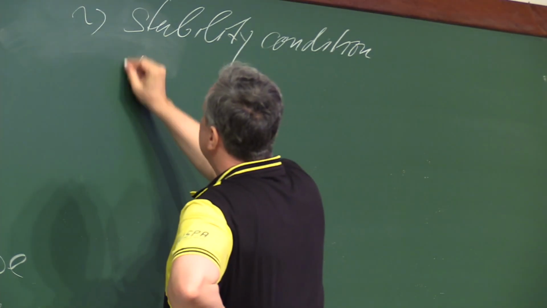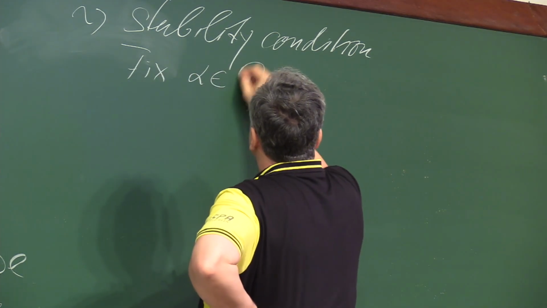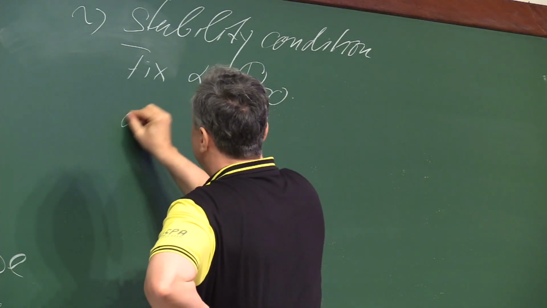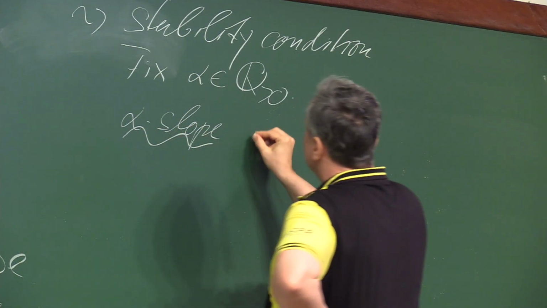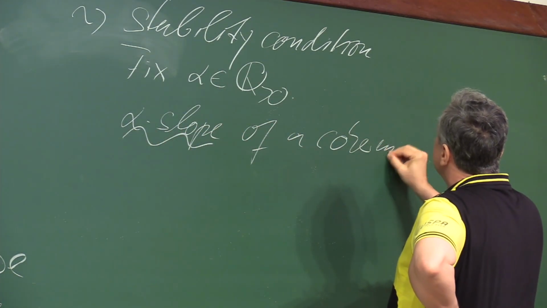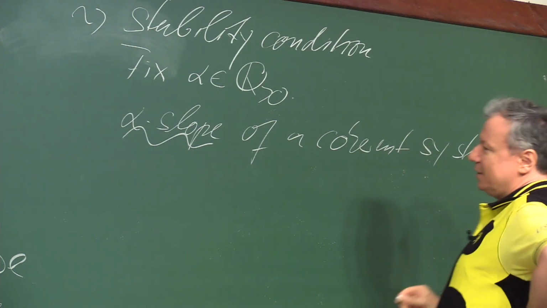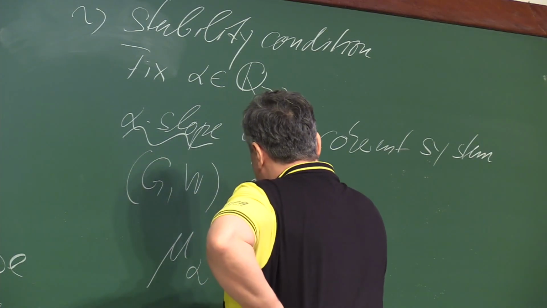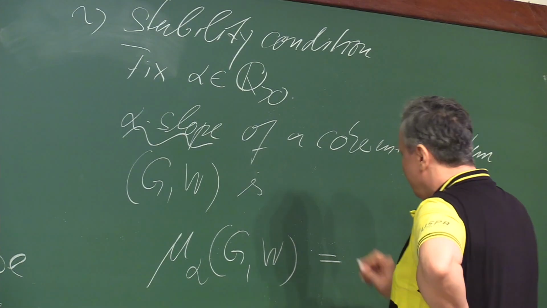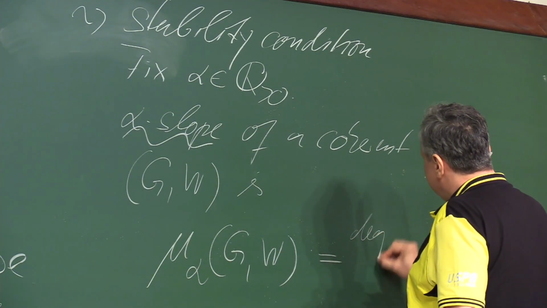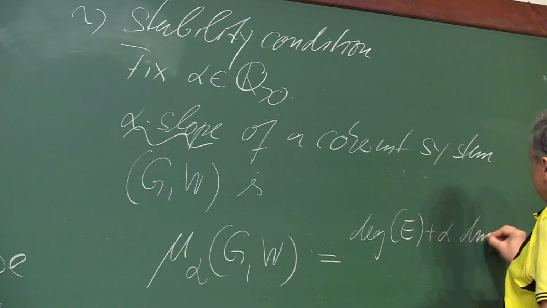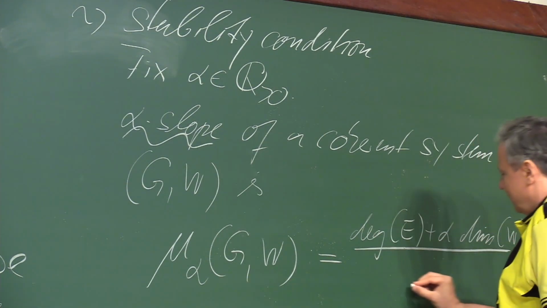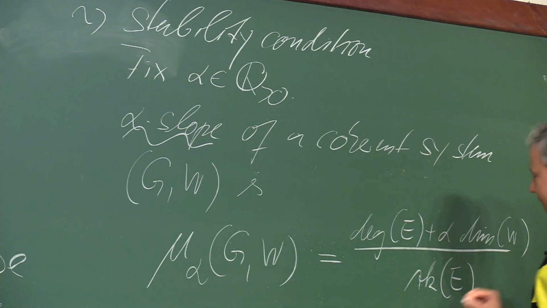So it will depend on a positive rational number alpha, and then the alpha slope of a coherent system, let me call it for a moment (G, W), is mu_alpha(G, W), which is, if G is non-trivial, the degree of G plus alpha times the dimension of W, divided by the rank of G. So in principle, you are allowed to take W to be the zero vector space, so then you get just the classical slope of a vector bundle.